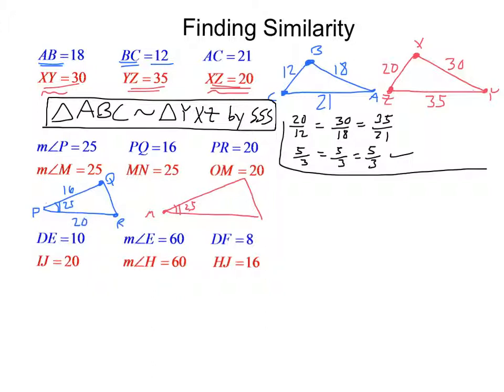Now on the other side, I got MN, that's the long one, so that's going to be down here, that's 25. And OM, so there's O up there, that's going to be the medium one, that's going to be 20. I don't know that this is shorter than either of those. It could wind up being longer, but with the 25 degrees, it's a pretty good guess that that's going to be shorter.